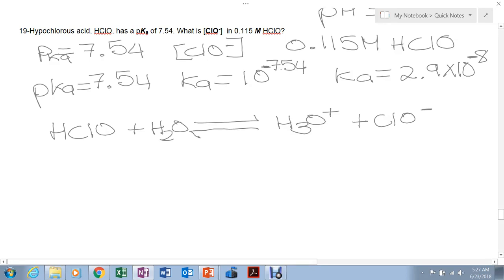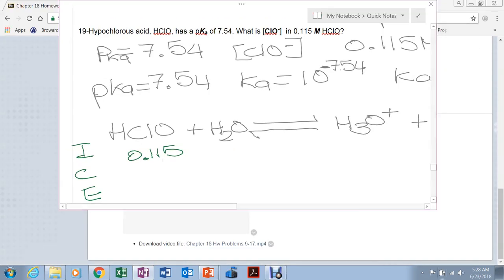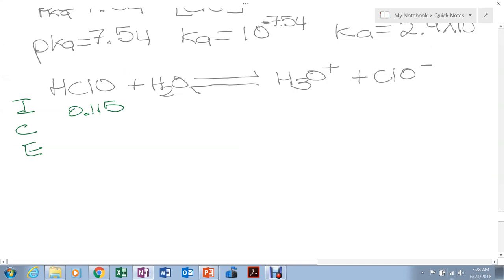And it's our ICE. 0.115. And of course, we are always ignoring the water, don't forget.